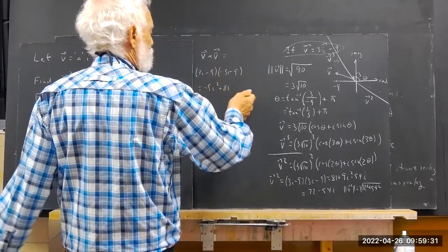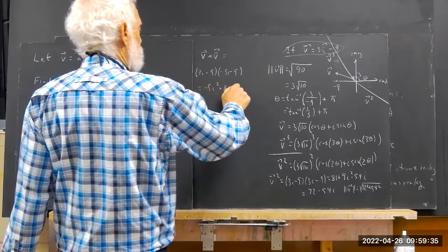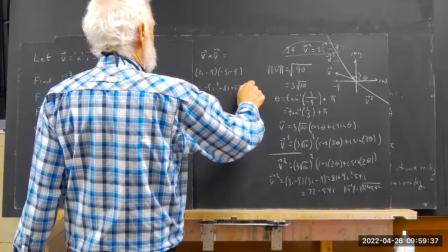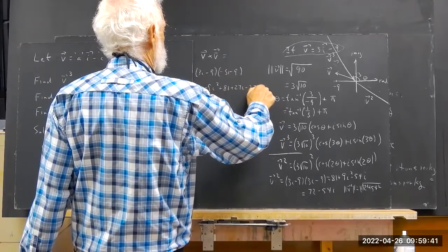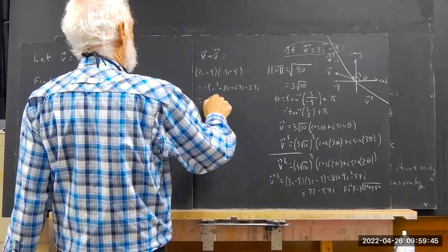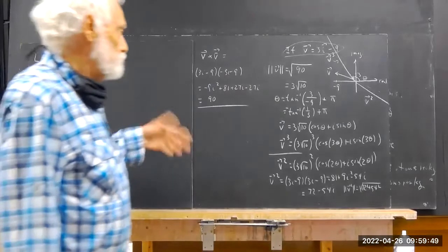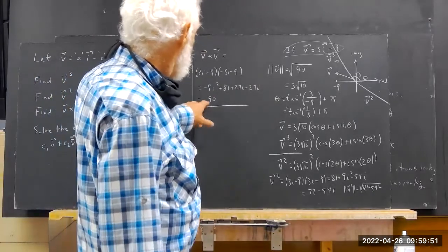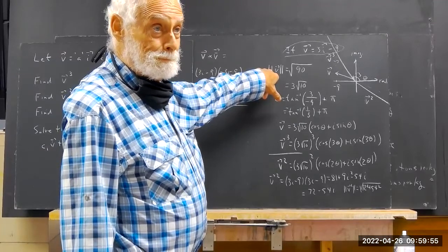And then we have a positive 27i and a negative 27i. That's 90. You can work out the arithmetic of the details. It's just the square of the magnitude of V.